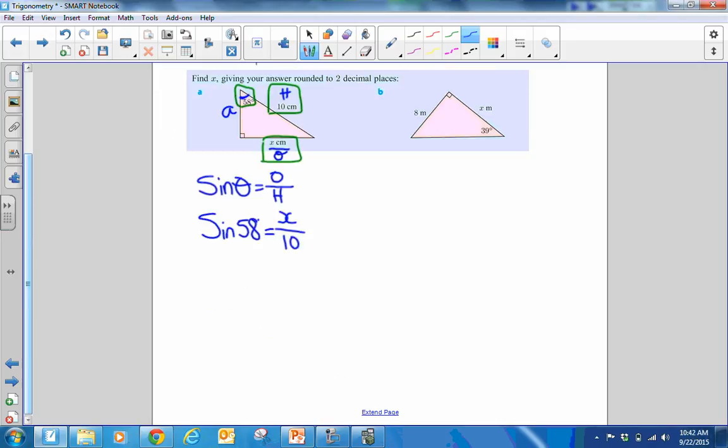You need to leave x by itself, and 10 is dividing, so it's going to multiply. I multiply by 10 on this side and by 10 on this side. Once I do that, those cancel, and you have 10 times sine of 58 equals x.